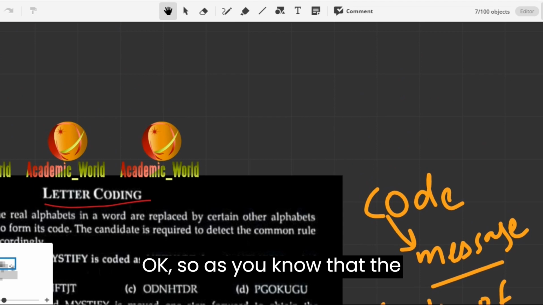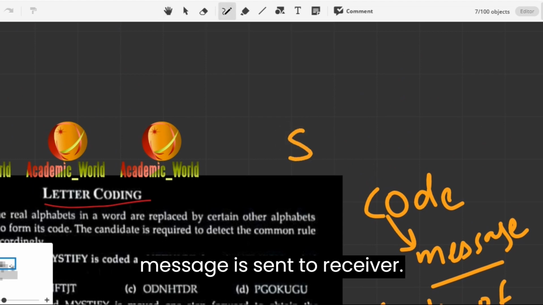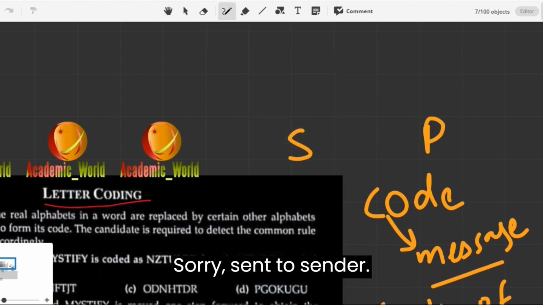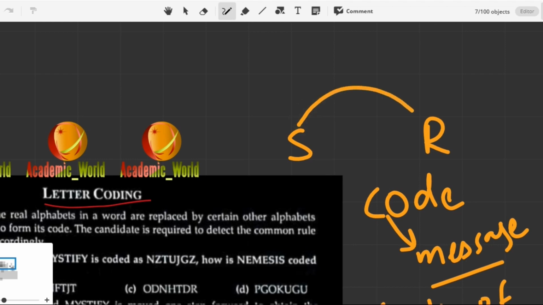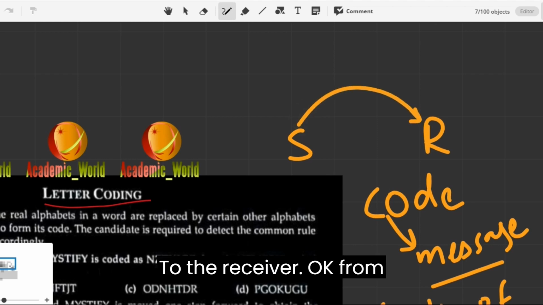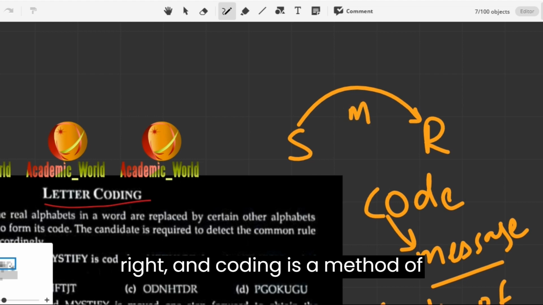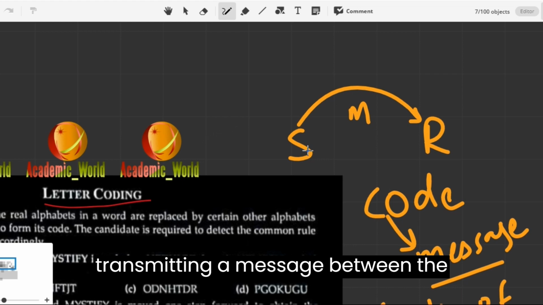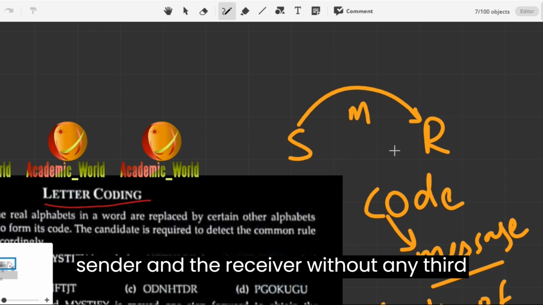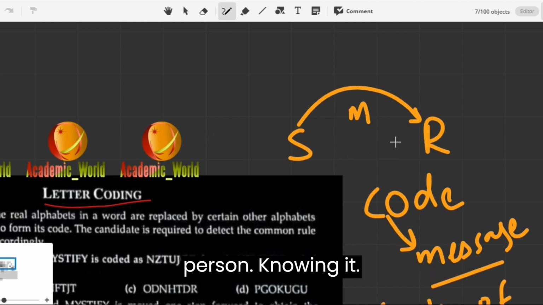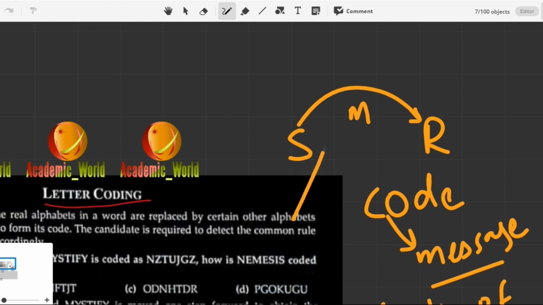As you know, a message is sent from the sender to the receiver. Coding is a method of transmitting a message between the sender and the receiver without any third person knowing it.